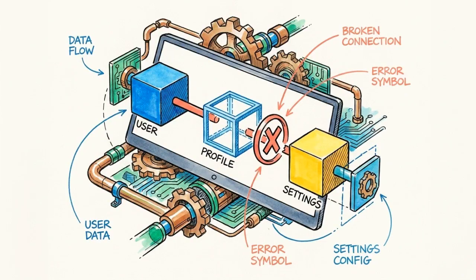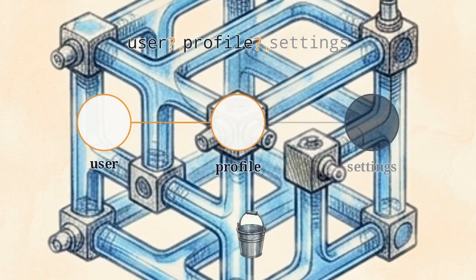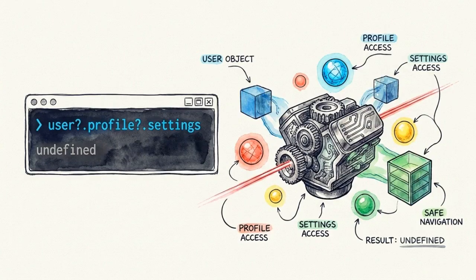In a chain like user.profile.settings, if the profile object is missing, the engine throws a type error. Optional chaining provides a built-in abort sequence for these missing nodes. Adding the question mark enables short-circuiting. The moment the engine encounters a nullish value, it instantly halts evaluation. The engine safely returns undefined for the entire expression, bypassing the error that would otherwise crash the application.